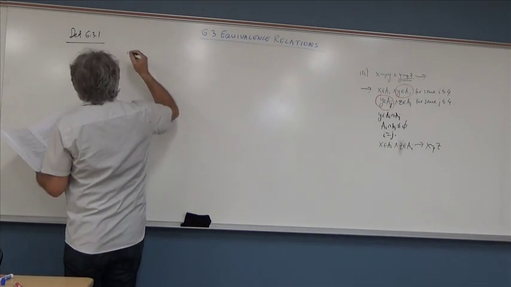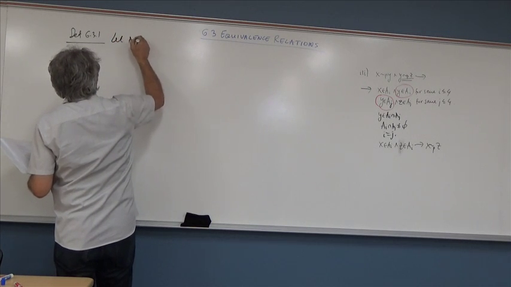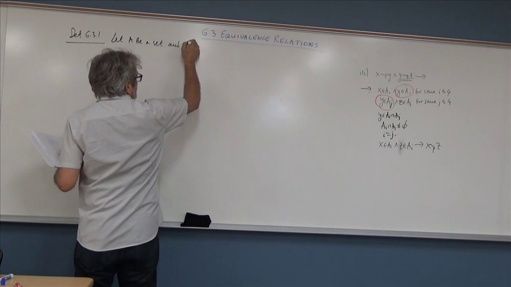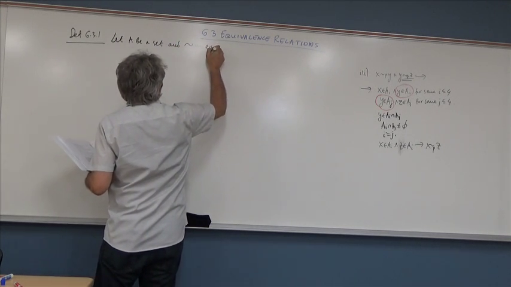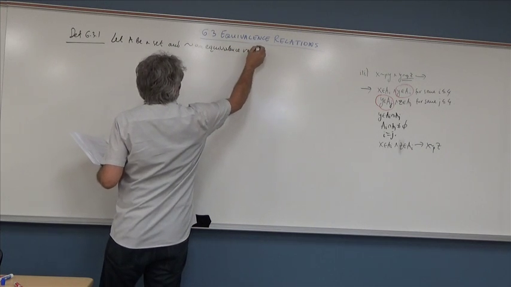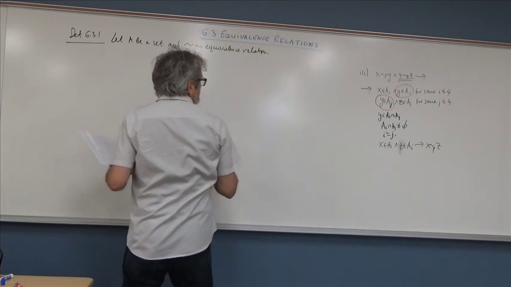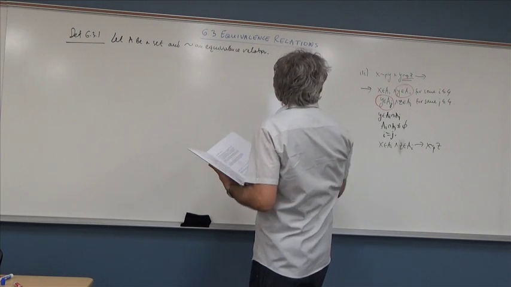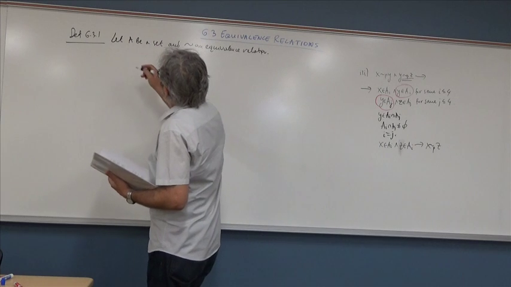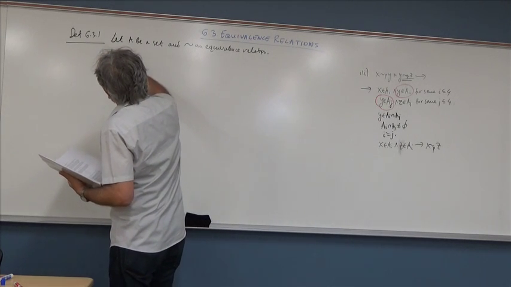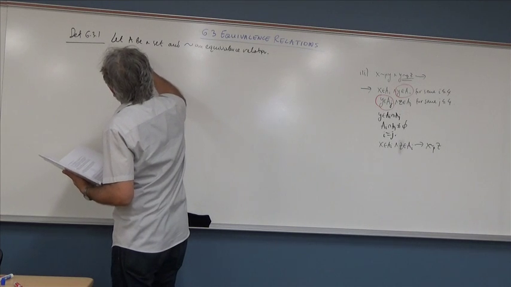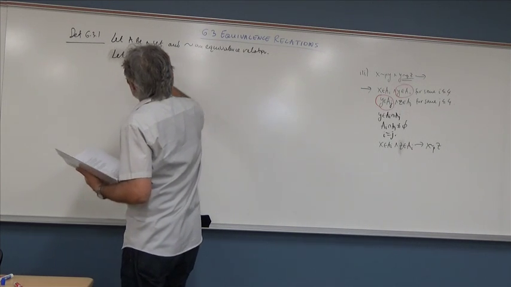It says the following: let A be a set and tilde an equivalence relation. Then for an element, let a be an arbitrary element of A.